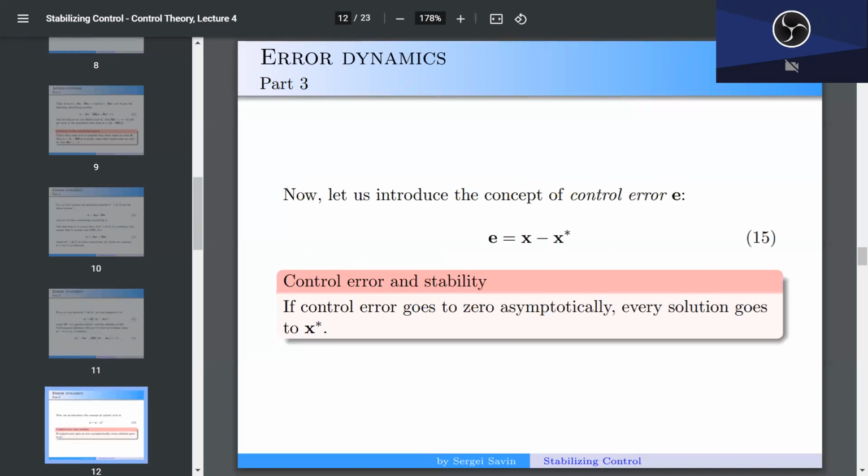Now, next step, we will define the error. We will define the error as x minus x star. Okay. Good. That is called control error, and we are going to use it again and again and again. So please pay attention to it.